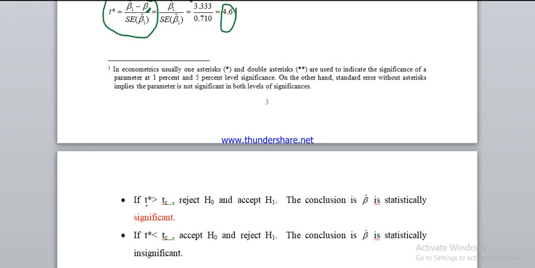Then we can compare t calculated with t critical. T critical is the value that we get from the t table.